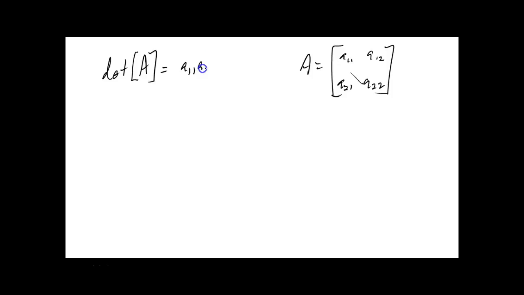A11 times A22 minus A12 A21. And it doesn't matter which order you write those. Just make sure your minus sign is with the correct one. Now, let me give you my preferred, even shorter abbreviation for determinant. It's this.